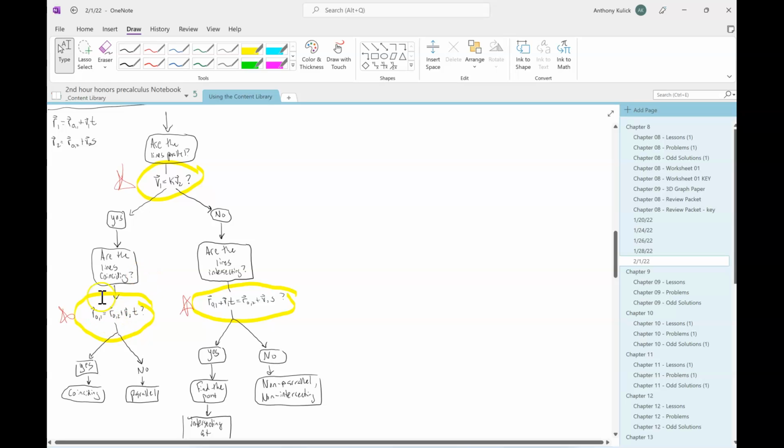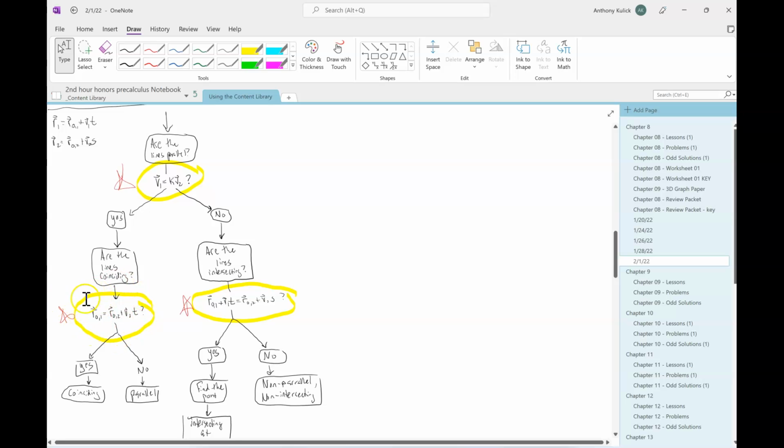The easiest way is to take the point vector from one line and see if that point vector is on the other line. It doesn't matter whether you take the point vector from R1 and see if it's on R2, or take the point vector from R2 and see if it's on R1. Or you could use some other point that's not the point vector. I don't know why you would do that, but you could.